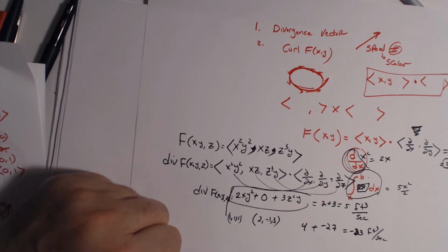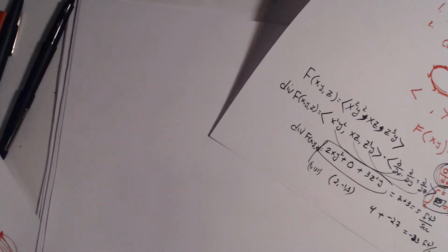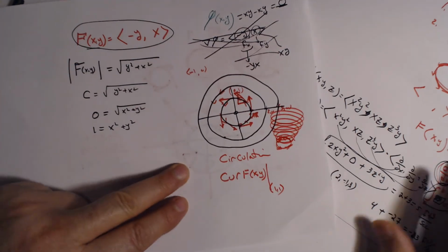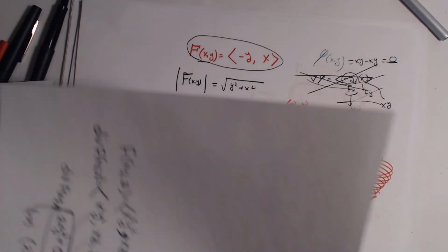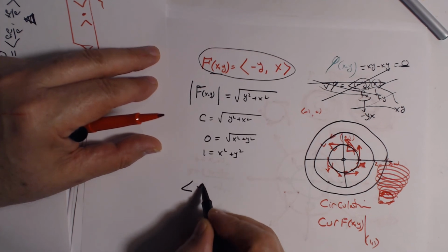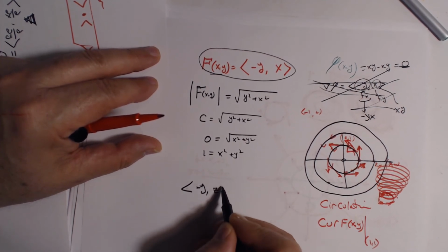Is it possible for the divergence to be 0? Well, you did have a circulation here, and the circulation was negative y, x.